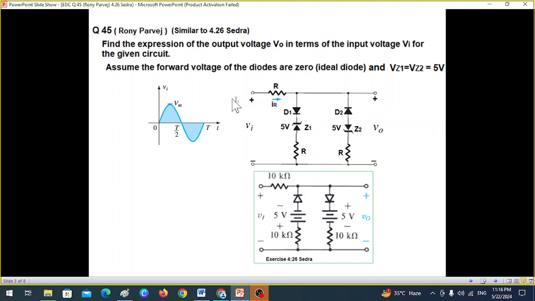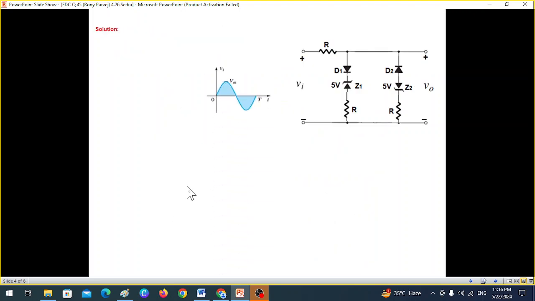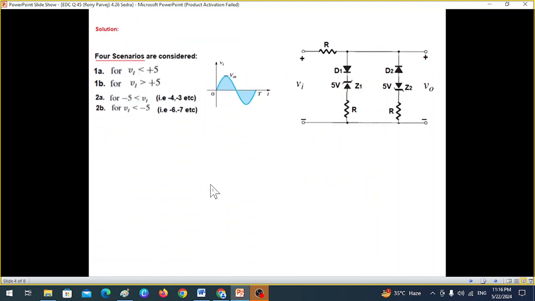Now for evaluating this, we'll assume that there is a sinusoidal input signal. First of all, if you look carefully, there could be 4 scenarios. The first scenario is when V input is less than 5 volt here. Less than 5 volt means the input is positive, therefore this diode should conduct and this will not conduct.